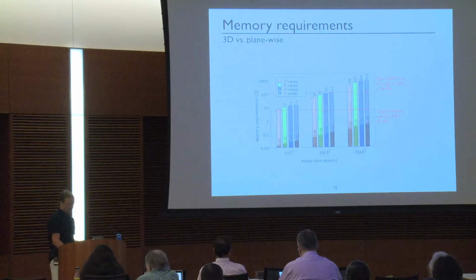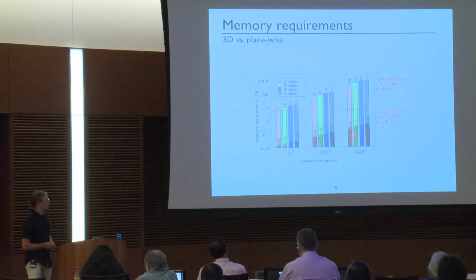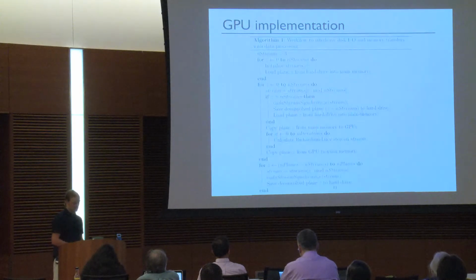This reduces the memory requirements dramatically. Don't get fooled by the logarithmic scale. You can see even for the highest data size, it's much beyond the 6 gigabyte limit of the GPU. So this allows us to implement it on the GPU.